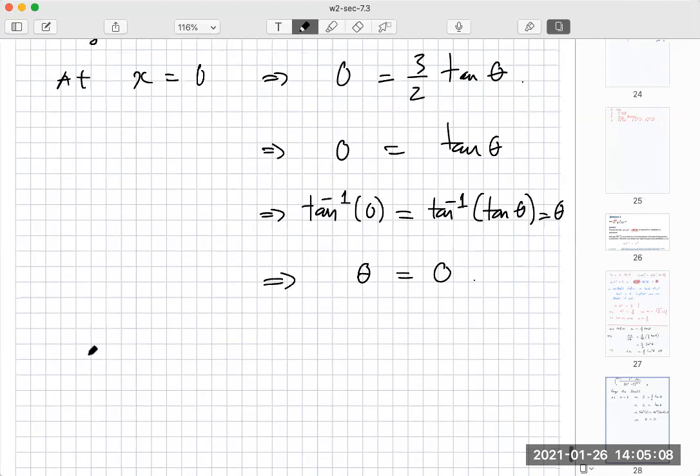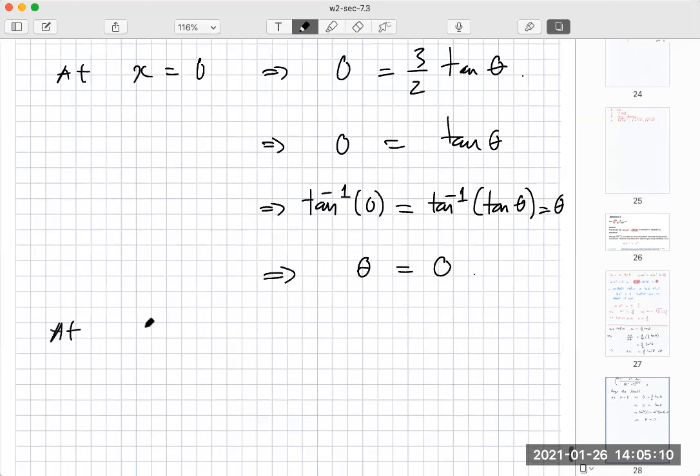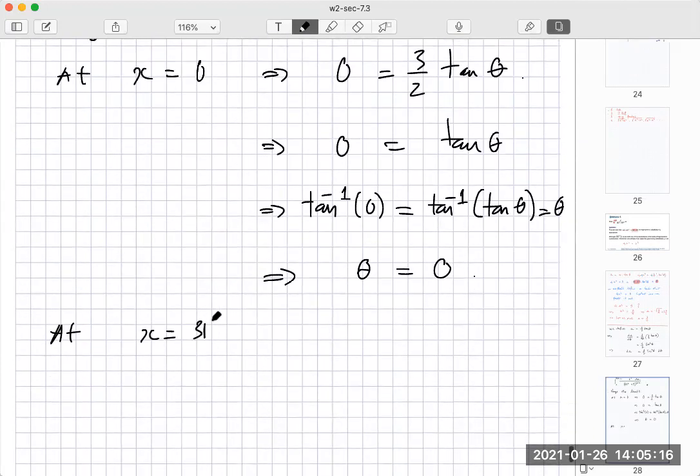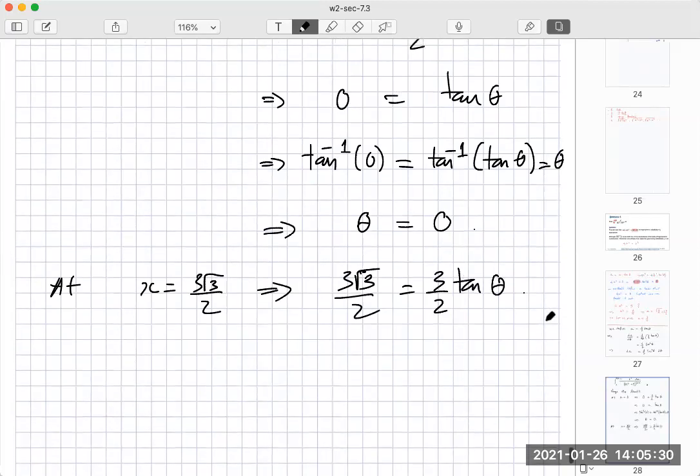And we need to find the upper limit at x equal to 3 square root of 3 over 2. Therefore, we have the relation 3 square root of 3 over 2 should be 3 over 2 tan theta. Okay. Therefore, what should we do here?